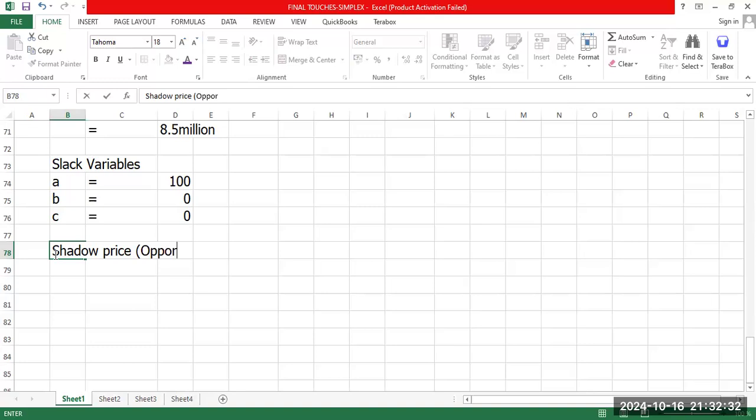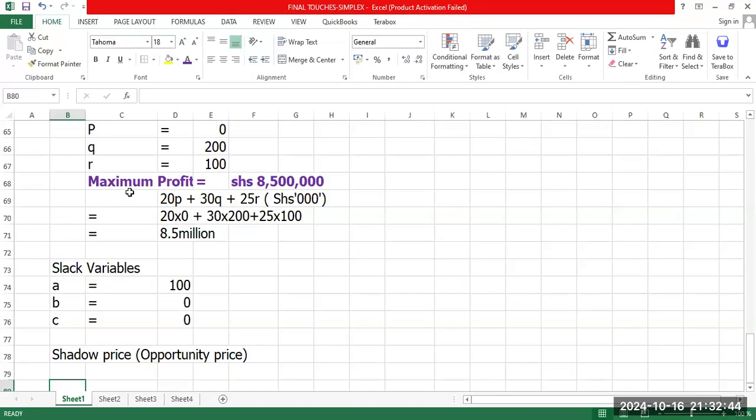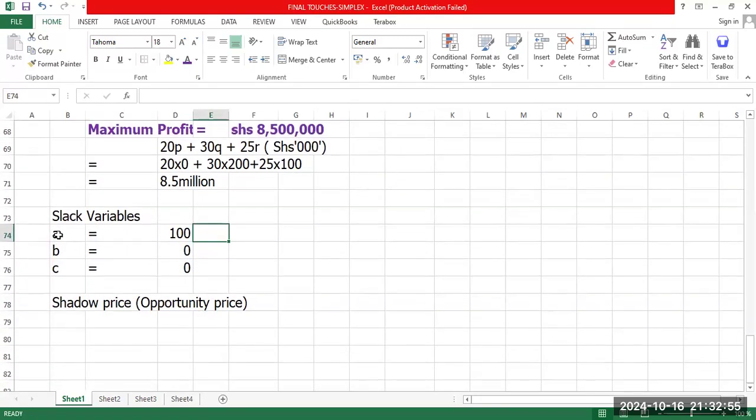I need some clarity on the slack variables. The 100 is the surplus or? Yes. Okay. It's like unutilized. Out of what was available, the company did not use these 100 hours. They used only 500. Yes, they only used the 500.